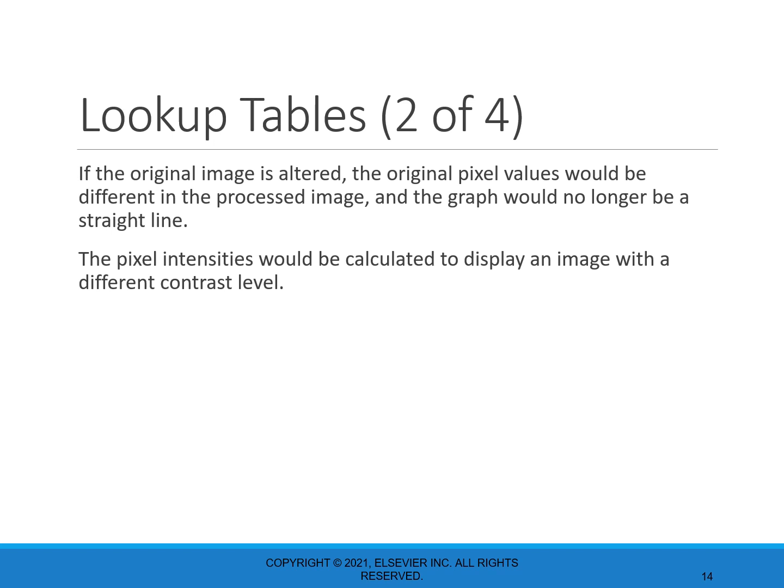Now some lookup tables might be represented as a straight line, others may be more like a shoulder curve. If the original image is altered, and the original pixel values are different in the processed image, the graph would no longer be straight in alignment with its original form, but it would have a bit of a curve.